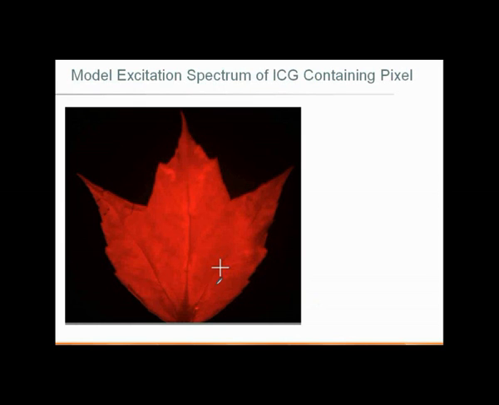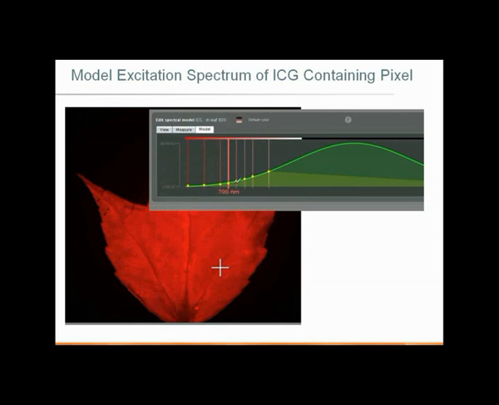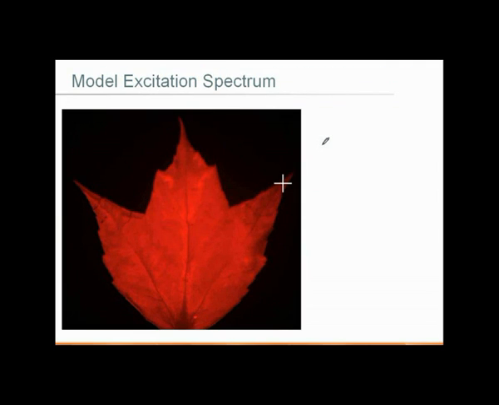In this case, what we did is modeled an excitation spectrum based on just an ICG containing pixel, one of the major vasculature points. And this can be fitted nicely to a Gaussian curve. What you see here in yellow are the observed fluorescence intensities, and they fit quite nicely to this Gaussian. This model is then saved in the software so that you never have to do this modeling again for ICG.